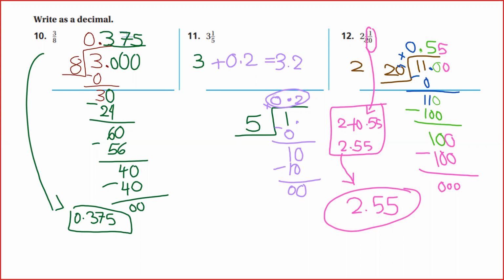Because 11 over 20 is 0.55, and then you add the whole number, which is 2. Okay. Is it clear? Did you finish writing? Okay.